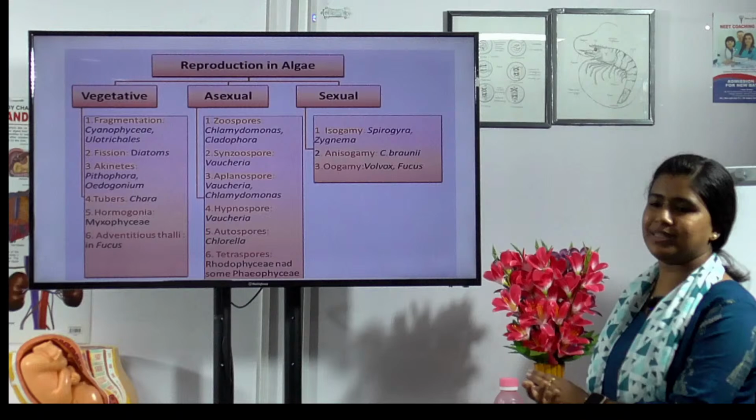In gymnosperms, the male and female gametophytes do not have an independent free-living existence. The habitat is colder places like the northern hemisphere, and they form extensive forests. They are also known as ornamentals because they are used in ornamental cases.